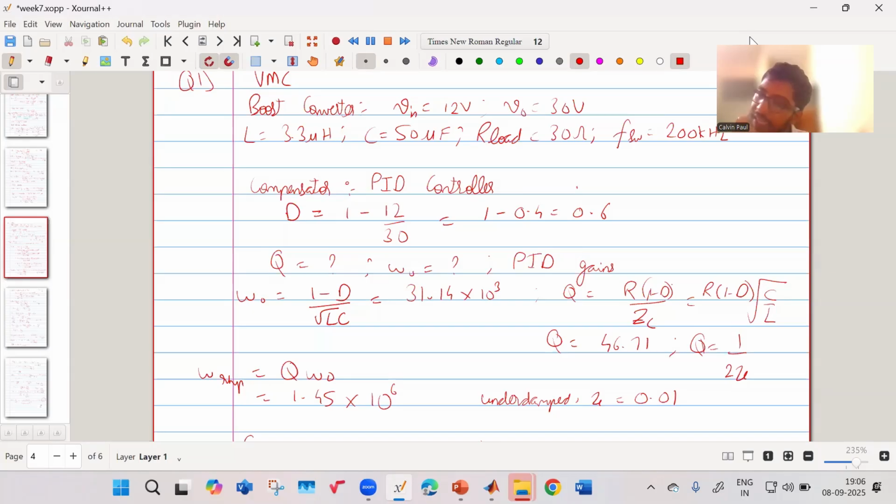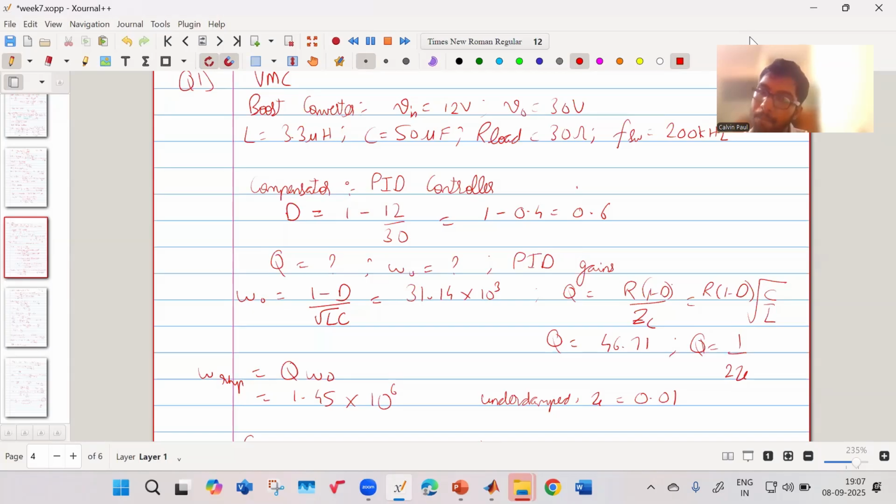And in the cases where certain sums don't mention your ESR, your inductor DCR, your switch on resistance, you assume it is the ideal case. The next type is where the parasitics are given: the on resistance is given, ESR is given, inductor DCR is given.